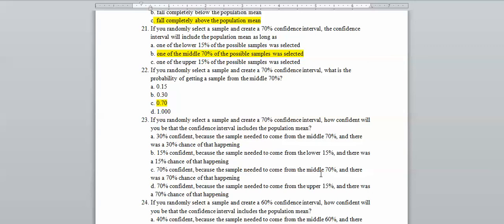So when we create a 70% confidence interval, we need for it to come from the middle 70% in order for it to work. And there's a 70% chance of that actually happening. That's why we have 70% confidence.